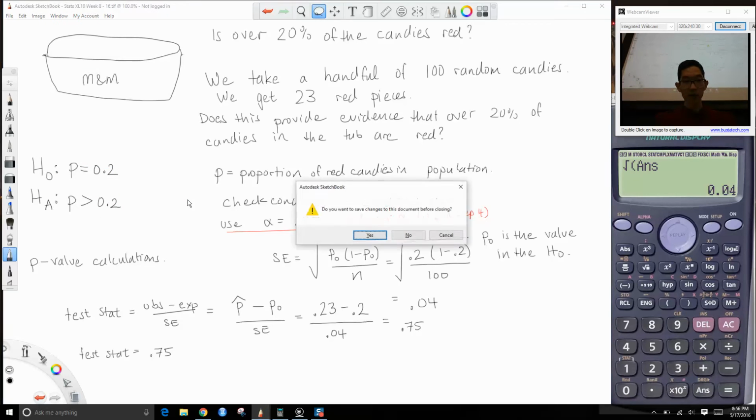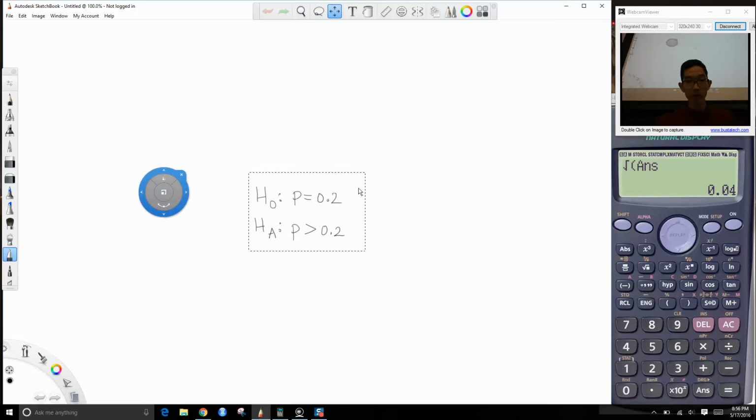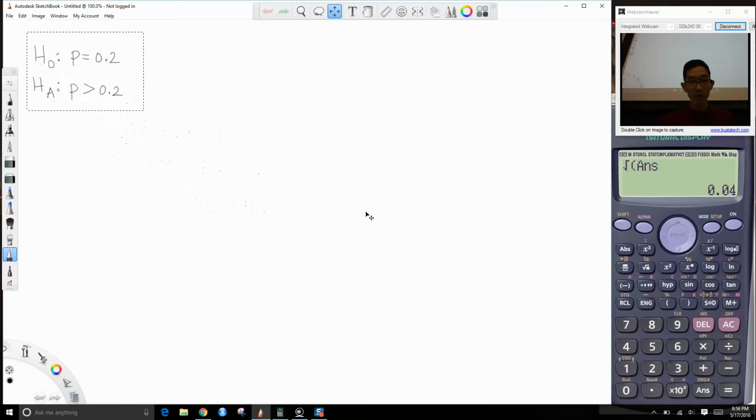This is kind of where we left off. The relevant pieces are our hypotheses, and then we did the calculations and we got our test statistic equal to 0.75. And so now we have to decide what is our p-value.